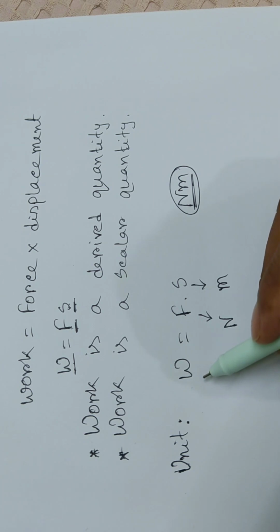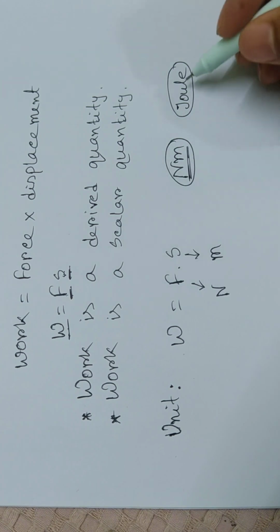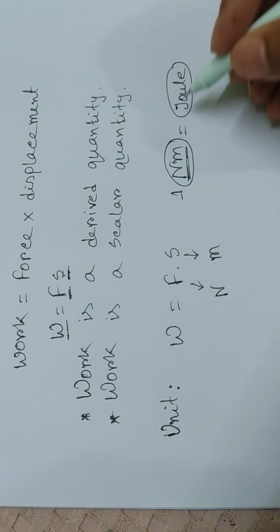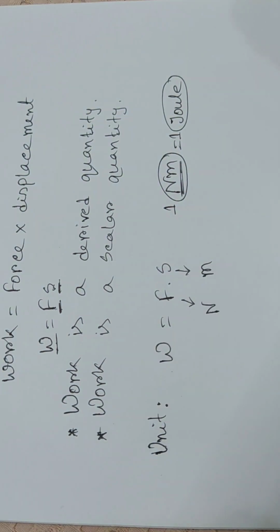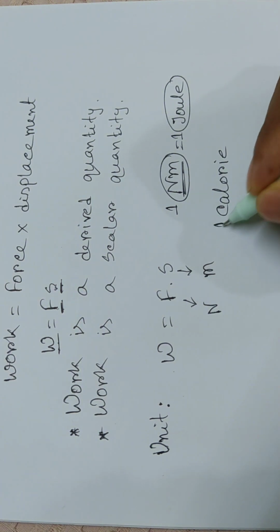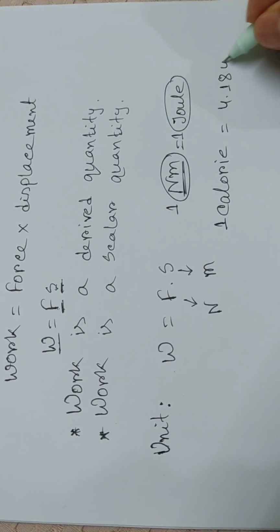It has another unit to express, and this one is joule. Newton meter and joule are the same. 1 Newton meter is equal to 1 joule. Work has another unit, and this one is calorie. 1 calorie is equal to 4.184 joule.